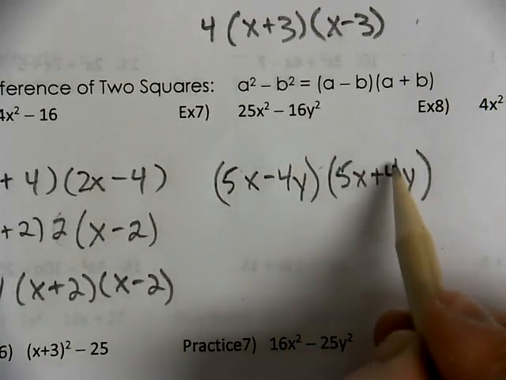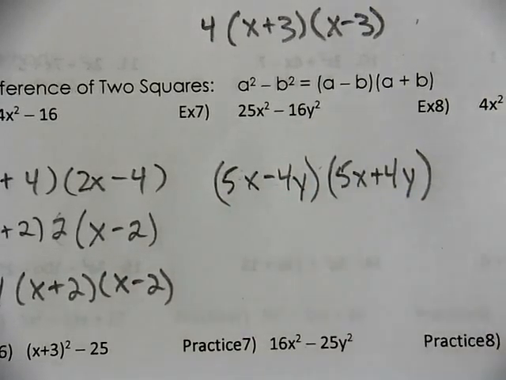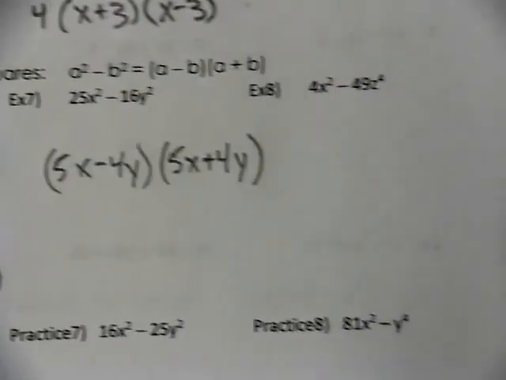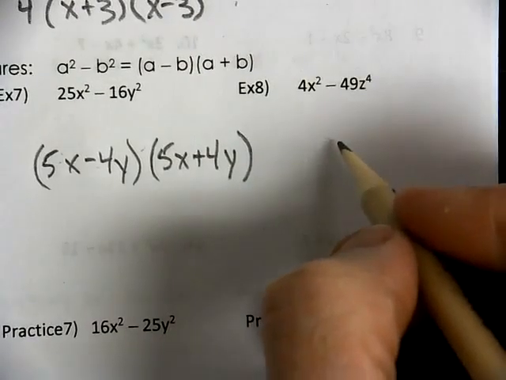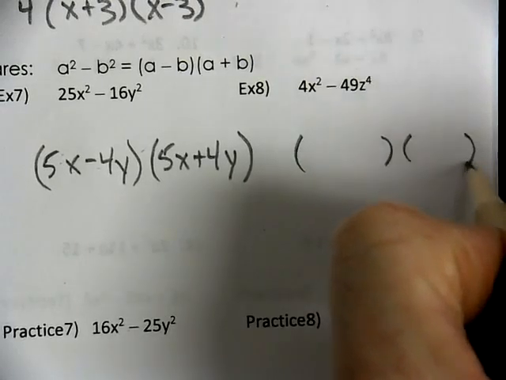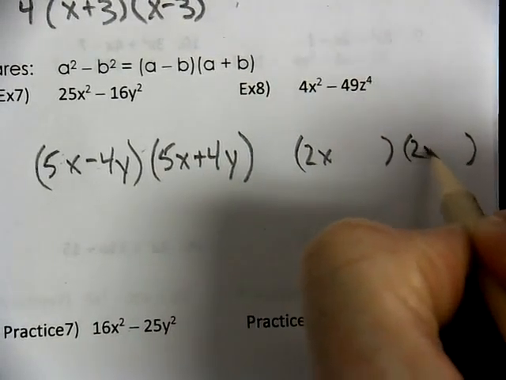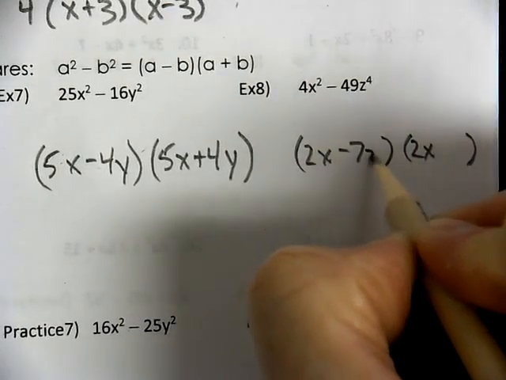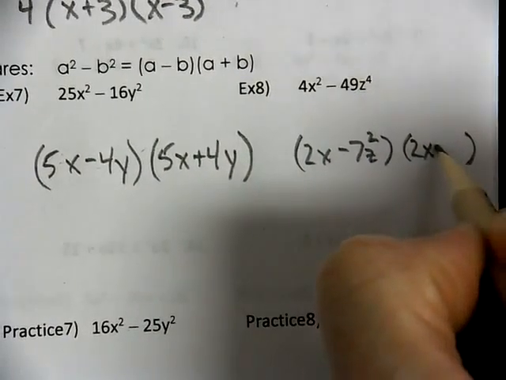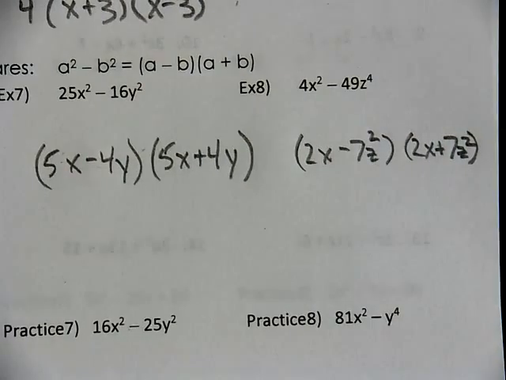So when you get the O and the I in FOIL, you get a 20 and a negative 20. 2x and 2x, negative 7z squared and positive 7z squared.